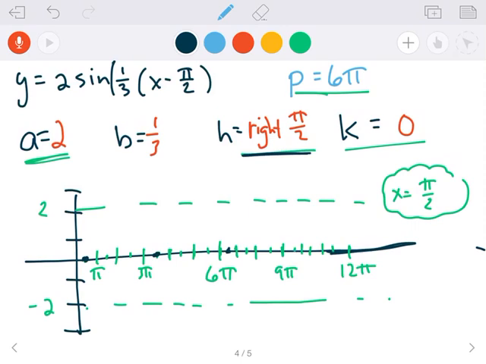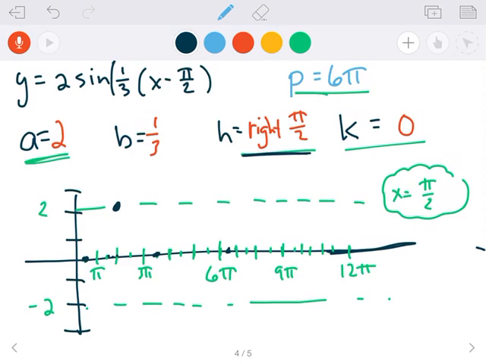And then sine goes up first. So halfway between 0 and 3 pi is 1.5 pi, which would be, I didn't scale this very well. It would be here. And then we're going to shift that pi over 2 to the right, so it's going to be at 2 pi up here.